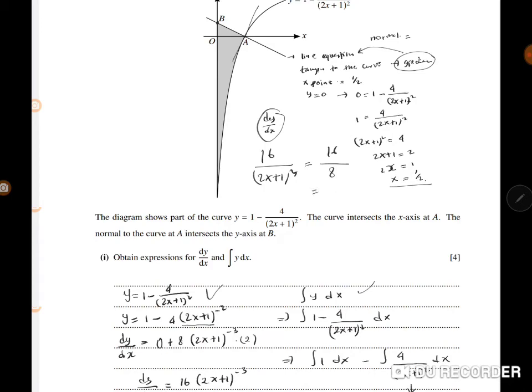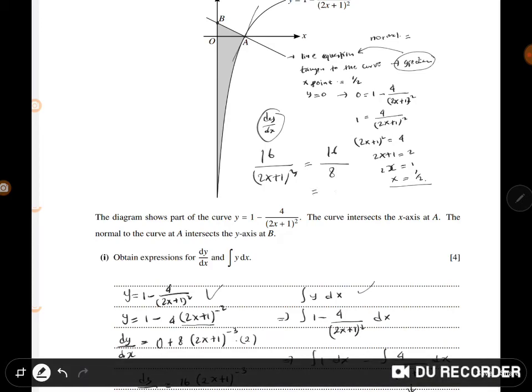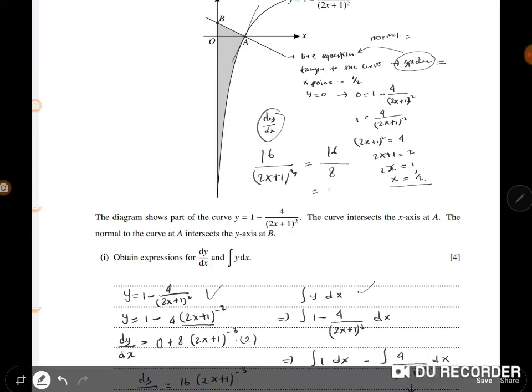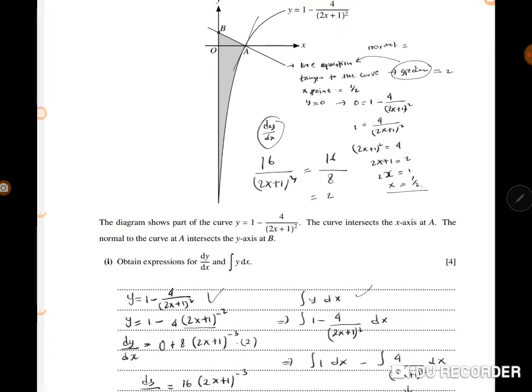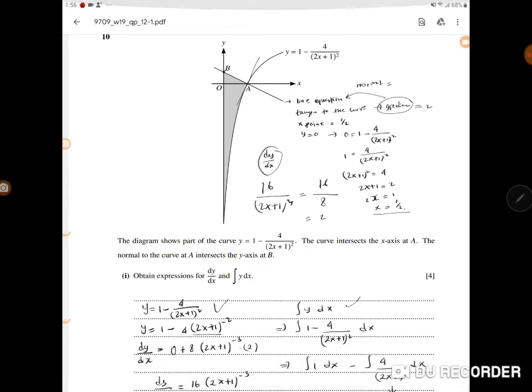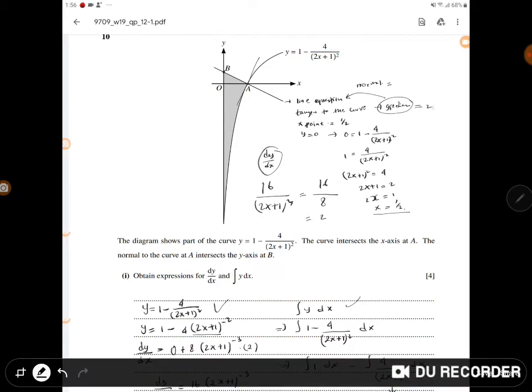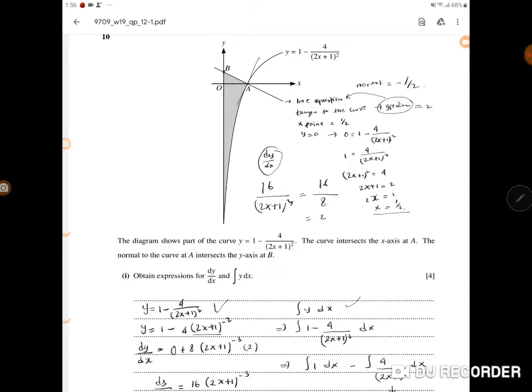So 16 over 8 gives a tangent gradient of 2. After you get the tangent gradient, you find the normal. When the gradient is 2, the normal is negative 1 over 2.